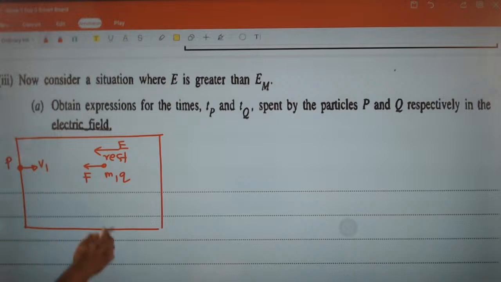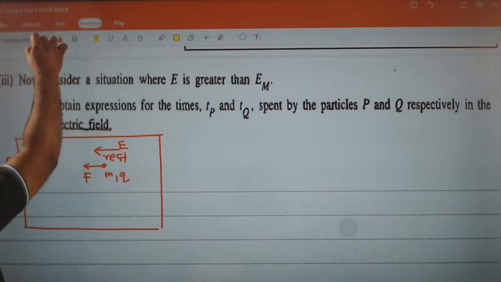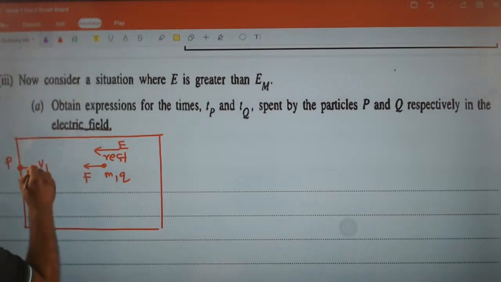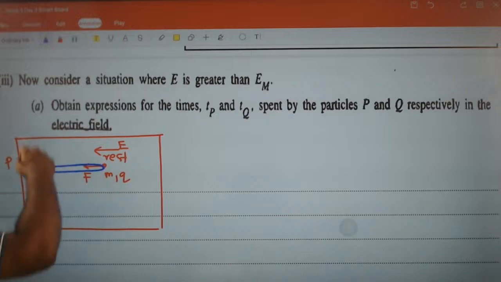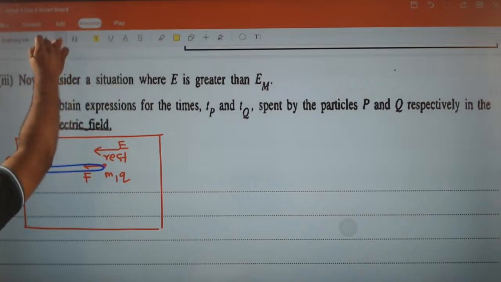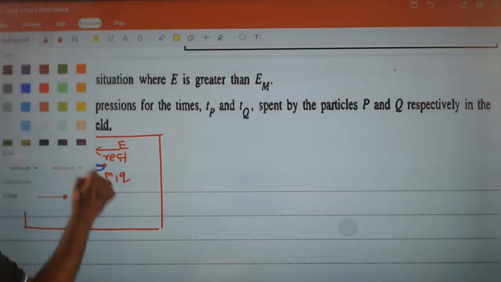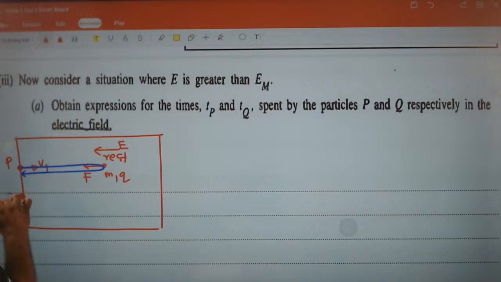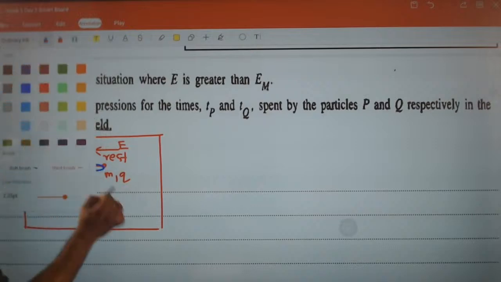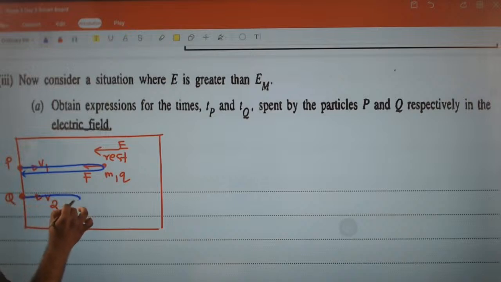So this particle will travel here, go here, turn back and come here. What about Q? Velocity V2. Q will travel a shorter distance than that, come and go out.